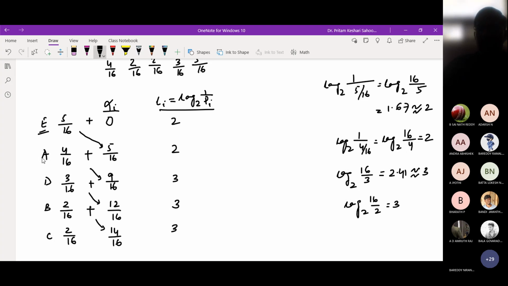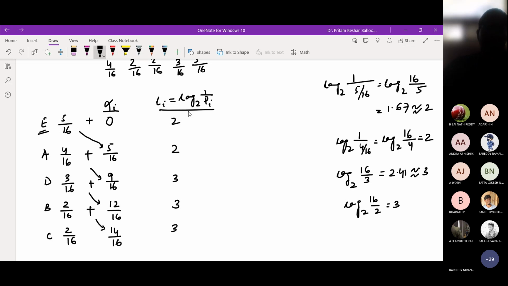Similarly, if the alphabet A is encoded by Shannon, then that code word will have a length of 2 bits. And when the alphabet D is encoded, that code word will have a length of 3 bits. So that is the meaning of small li: it represents the length of the code word.